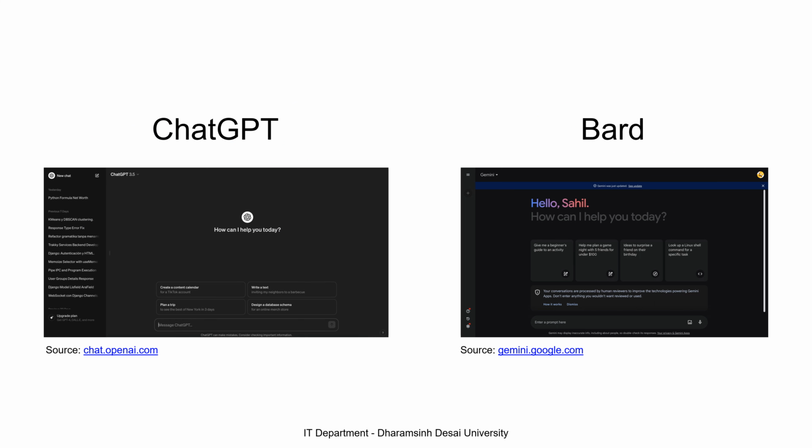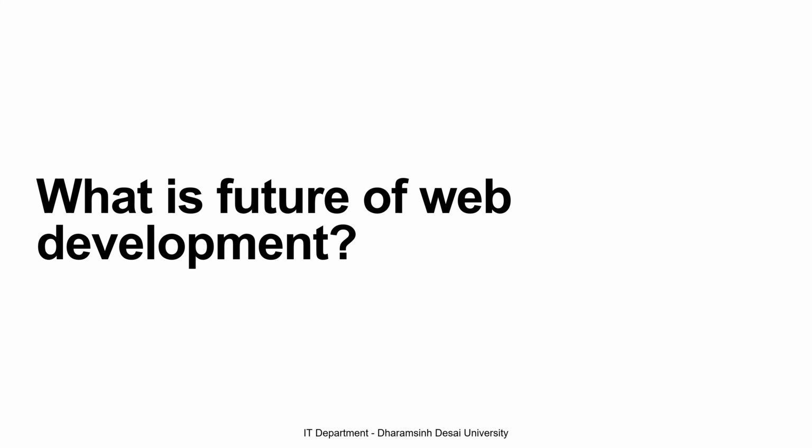Now, let's tackle a burning question. With AI on the rise, where does web development fit in? Well, platforms like ChatGPT and Gemini are incredible, but they still need interfaces, and that's where web apps come in, bridging the gap between users and AI. So, what's in store for the future of web development?